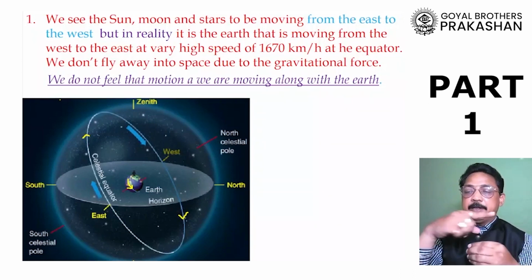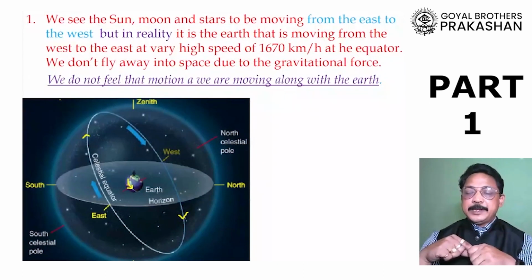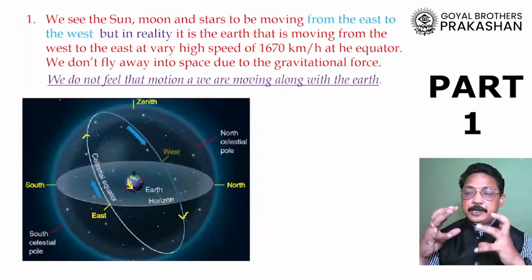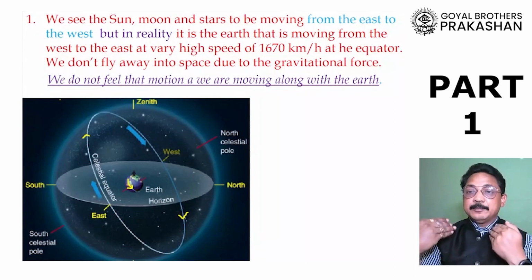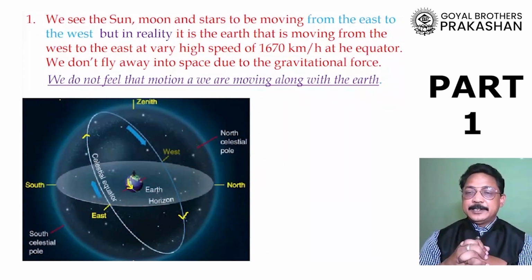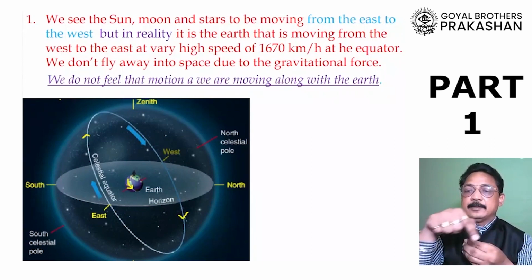But at the equator, the earth rotates so fast that its speed is 1670 kilometers per hour. Now, the question is why we don't feel that speed? The reason is very simple, because we ourselves are also moving with it.